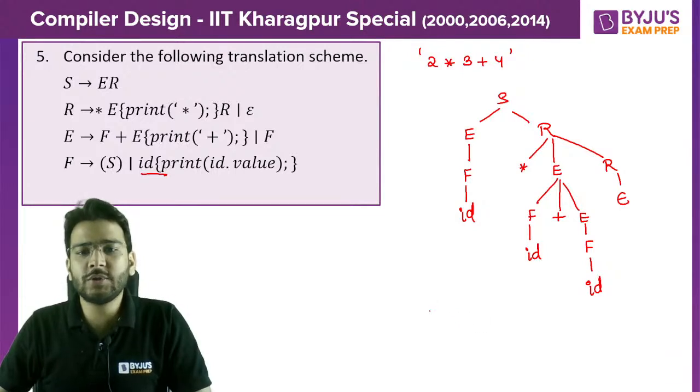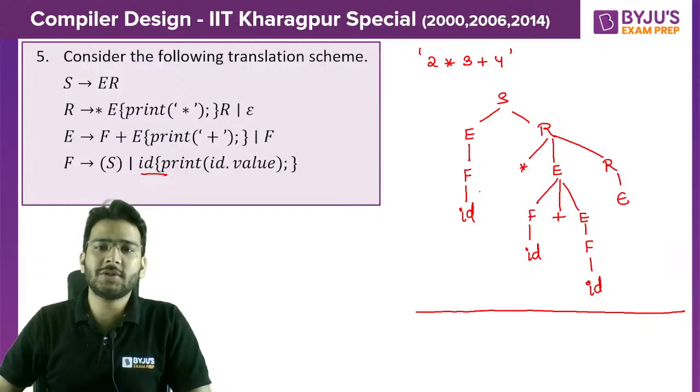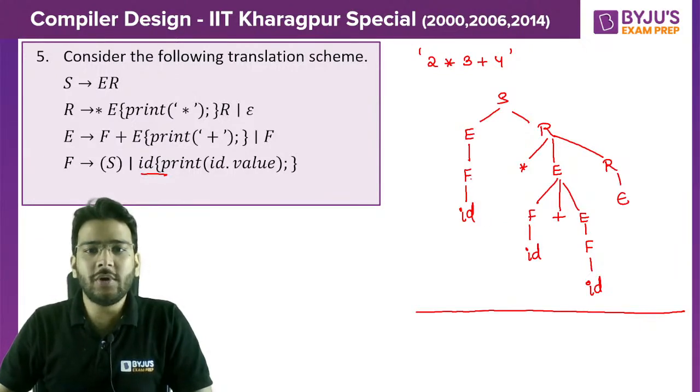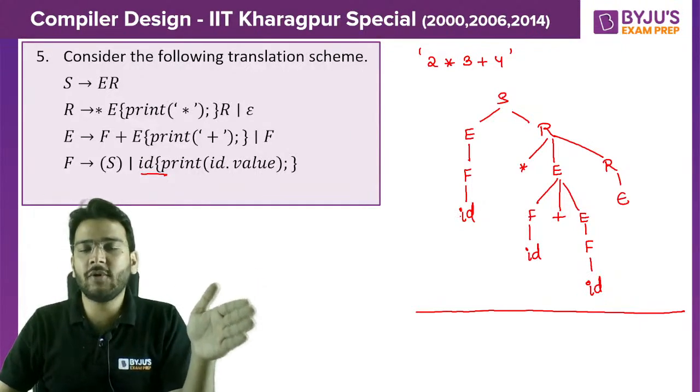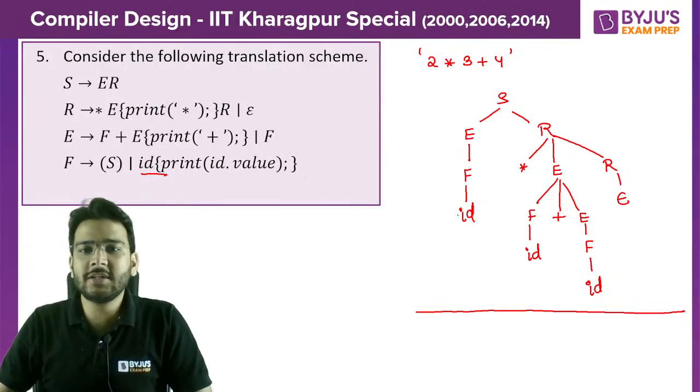Now how to solve this question? Very simple. Just find the translation order. If you scan from the left hand side, you will see this reduction is going to have one translation, that means print ID value.